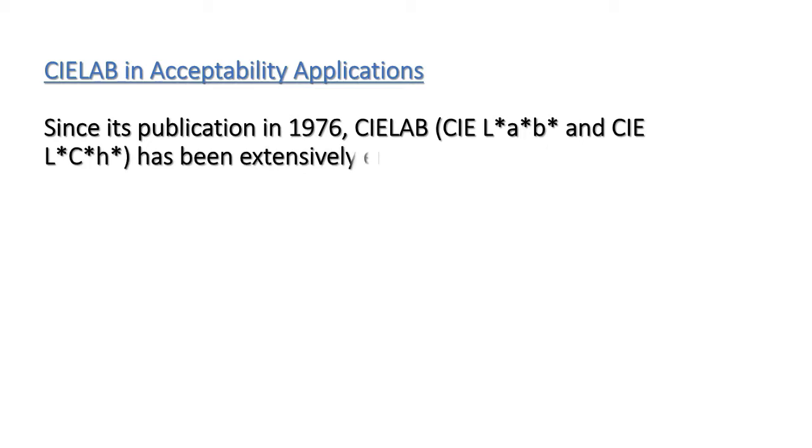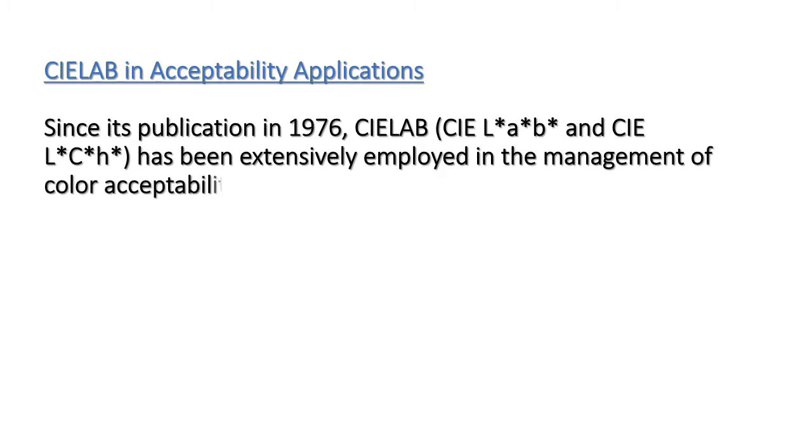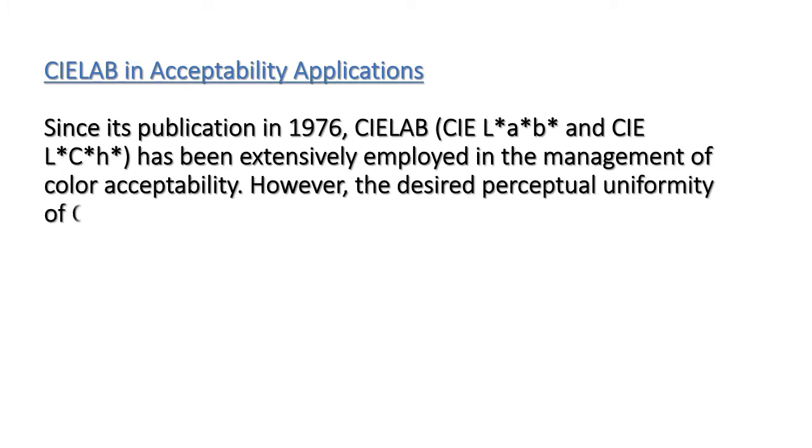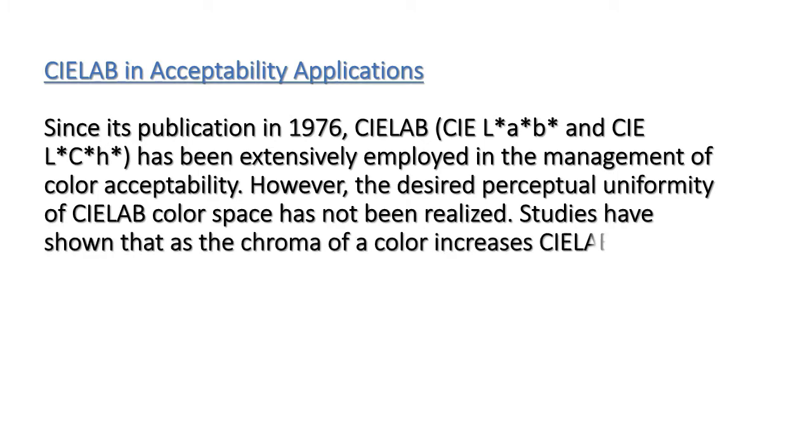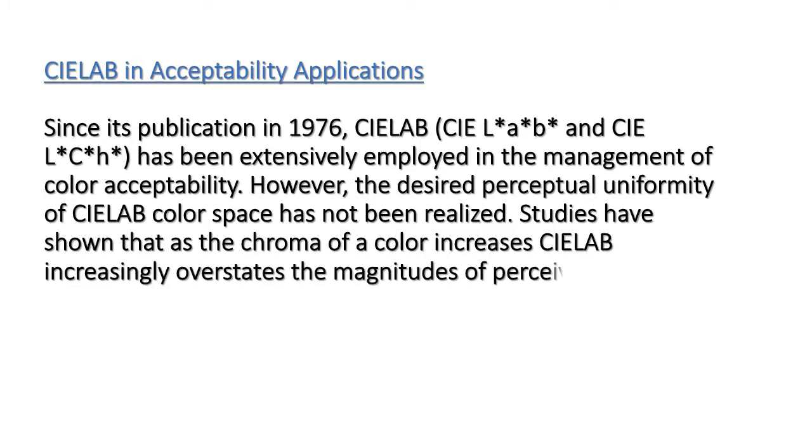CIELAB in acceptability applications. Since its publication in 1976, CIELAB, CIE L*a*b* and L*C*h, has been extensively employed in the management of color acceptability. However, the desired perceptual uniformity of CIELAB color space has not been realized. Studies have shown that as the chroma of a color increases, CIELAB increasingly overstates the magnitudes of perceived chroma and hue differences.